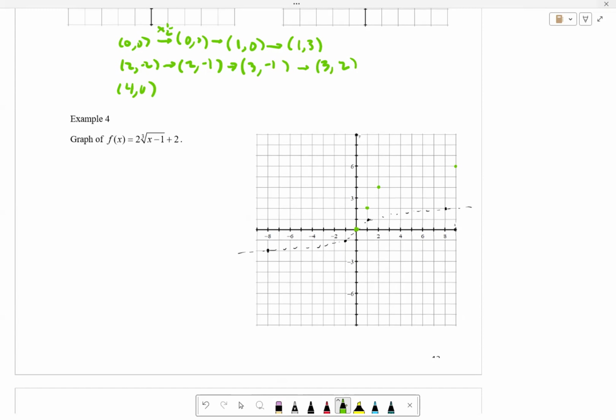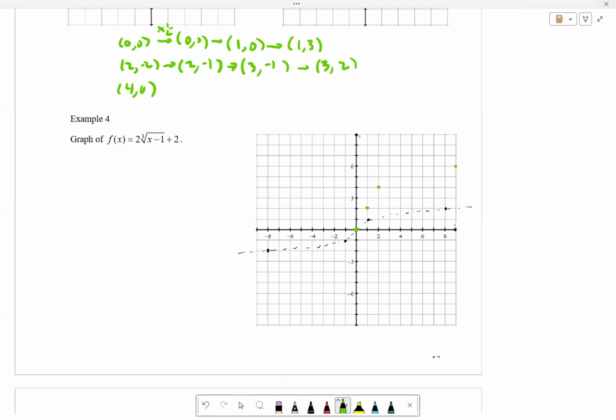And that last one, is it like -9, -6? Let's see. -8, -2. First thing that's going to happen is a vertical stretch by a factor of 2. So we stretch that vertically by a factor of 2.